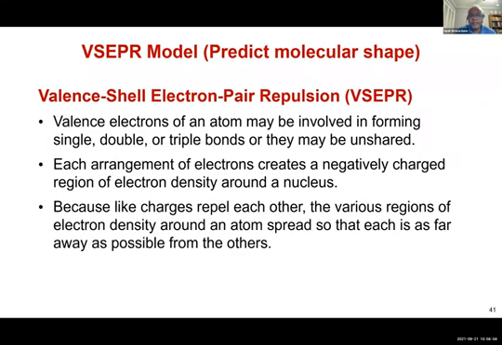Because the charges on electrons repel each other, various regions of electron density around the atom spread out so that each is as far as possible from the other. So it creates a shape for covalent molecules based on bonding and non-bonding electron pairs.